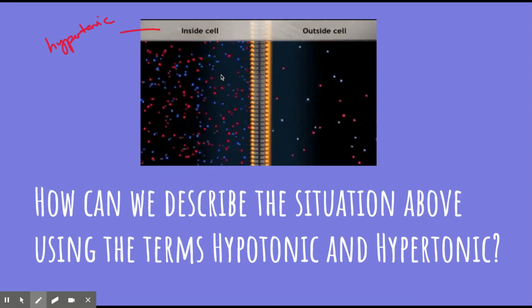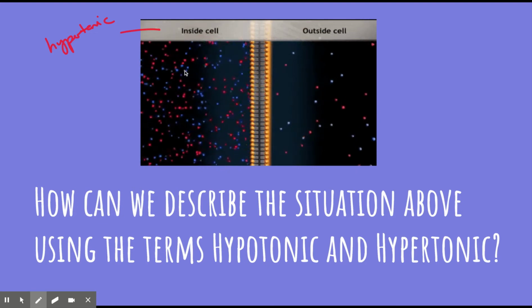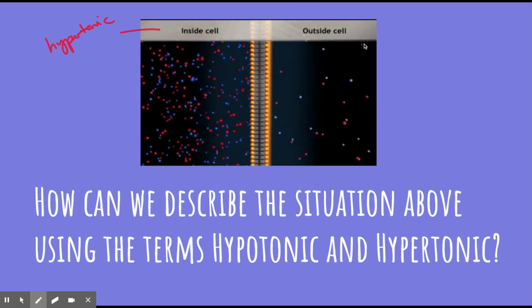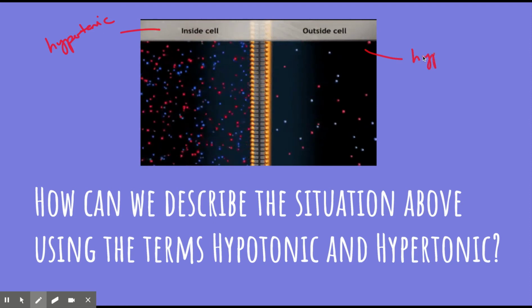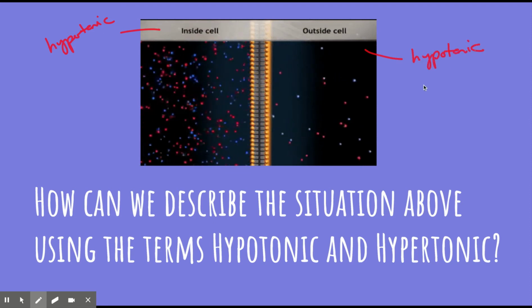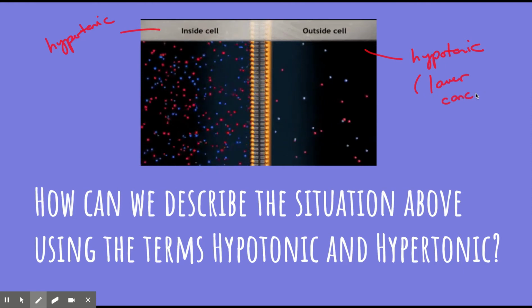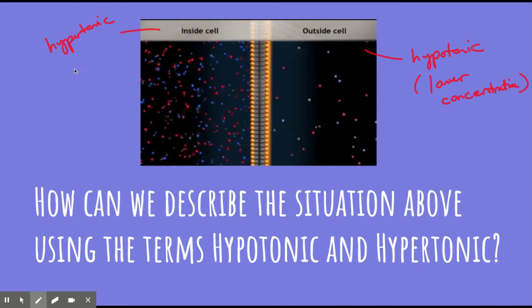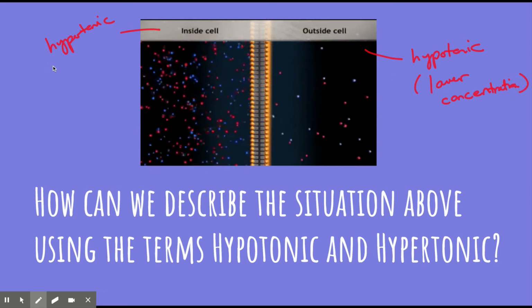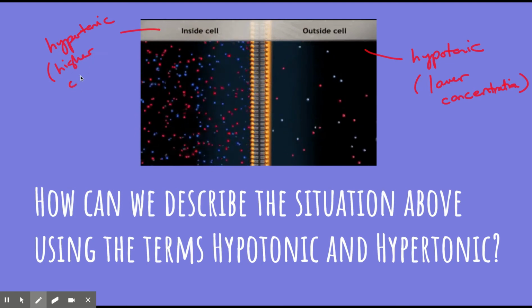The inside of the cell has a higher concentration of sugar and salt, where the outside of the cell has a lower concentration, so it would be hypotonic. This would be your lower concentration of solute. I just said the word solute, so it's another grade 8 term. That's basically whatever is dissolved in it. It's the substance dissolved, and this is the higher concentration.